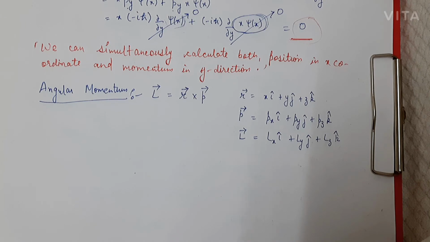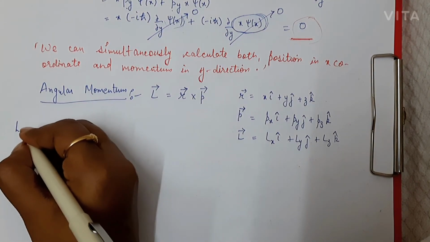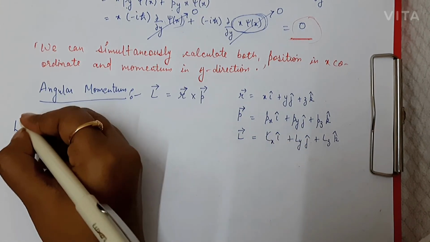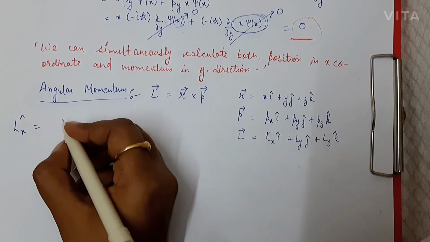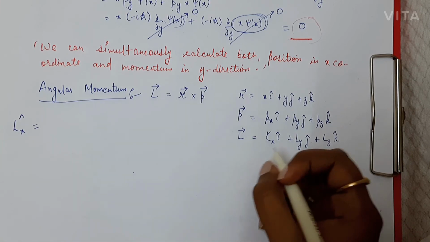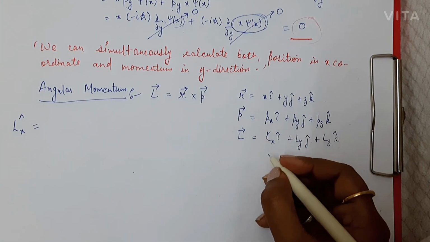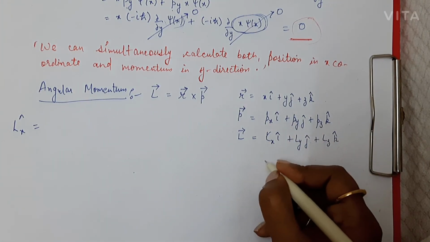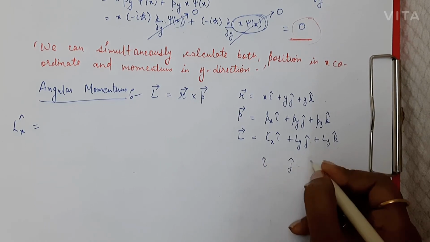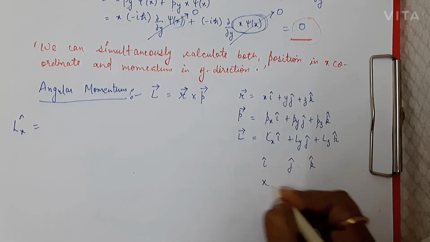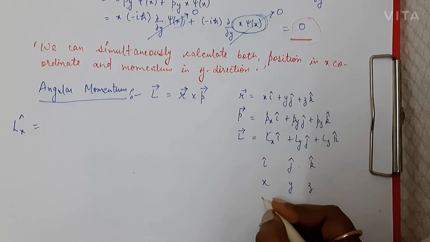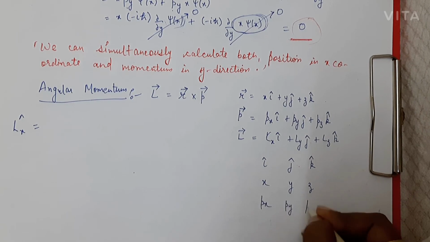Now, if we want to find out the value of lx, it is solved using the cross product. If you remember, we used to find the cross product like this: x y z, px py pz.